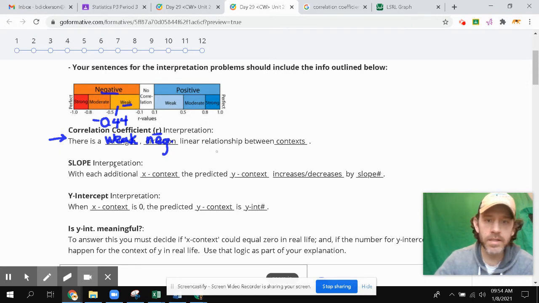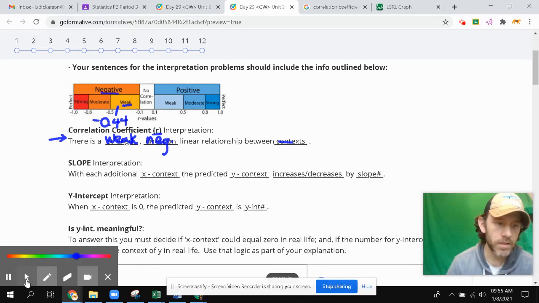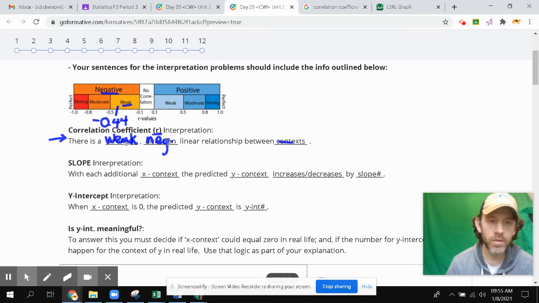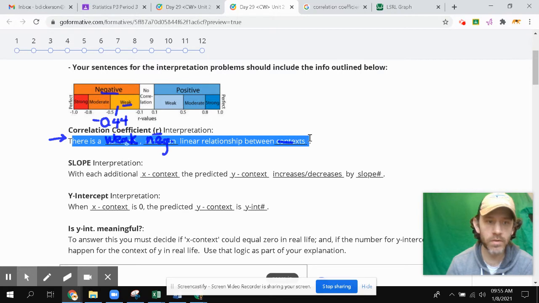The next piece to this is that we want to always include our context. So we go back and talk about what's the X and what's the Y. We'll go back to the problem to do that. Okay, so to answer this question, highlight this in your worksheet. This is the easiest way to do it, so you don't have to always rewrite it.